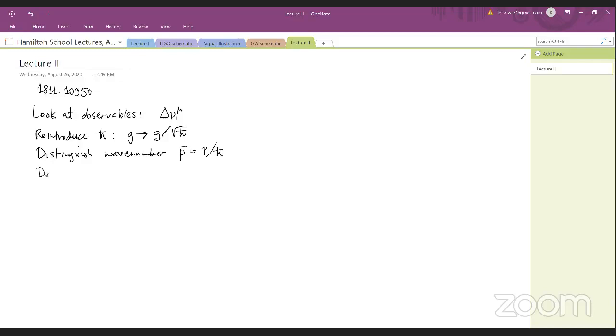We defined our incoming state for the scattering. Again, we're looking at the scattering of two massive point particles.